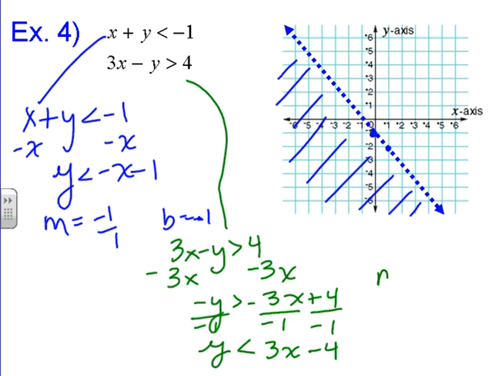So the information we get from here is that our slope of this line will be 3/1, and our y-intercept will be -4. So if we go to -4 and then do our slope, which is 3/1, so 1, 2, 3, and over 1. And then we're going to draw ourselves a line and connect that.